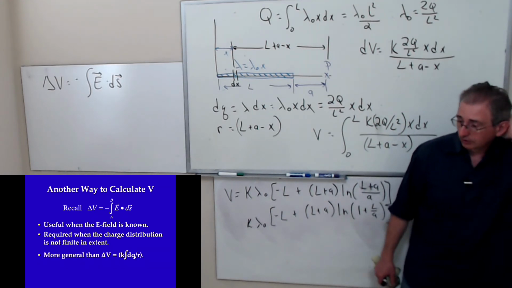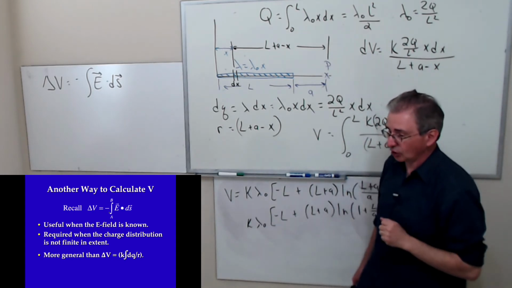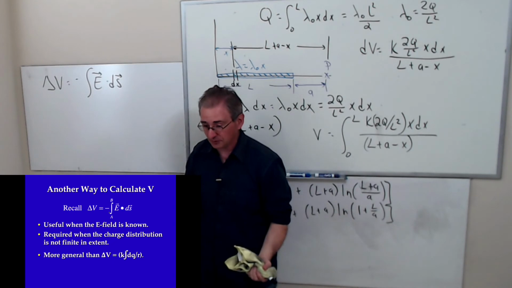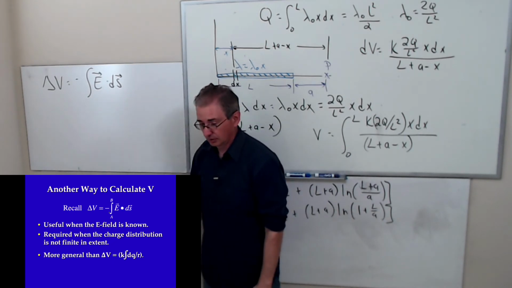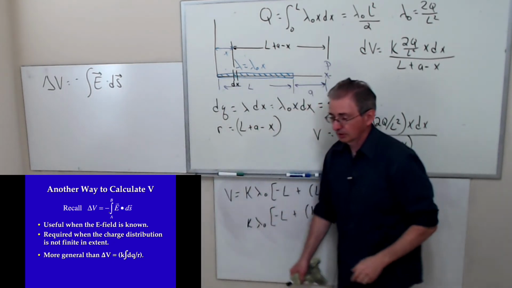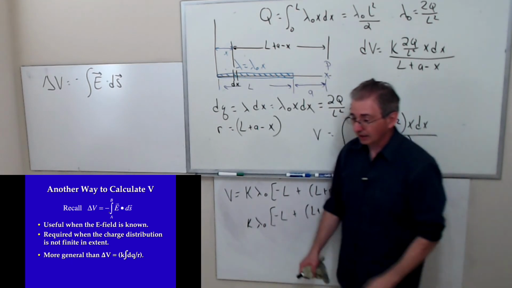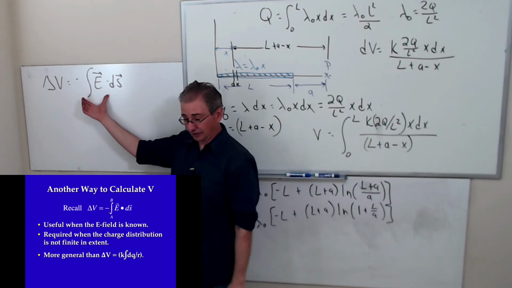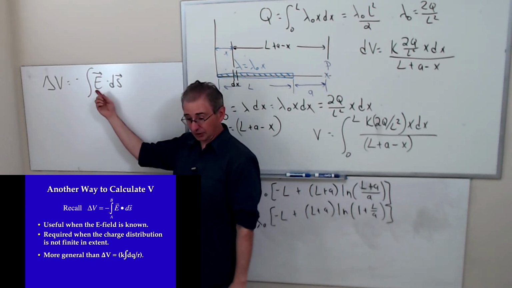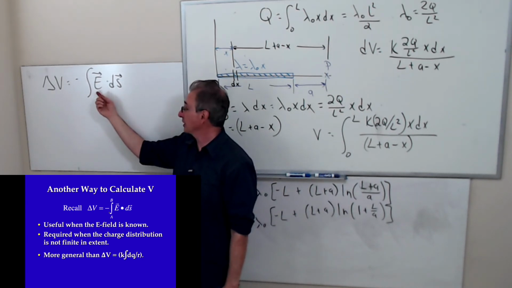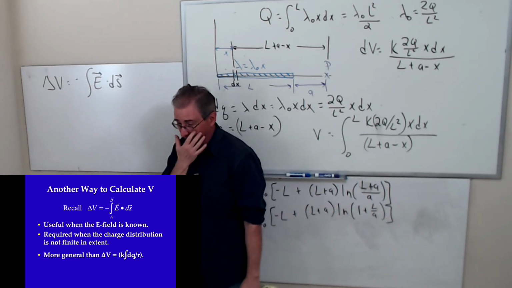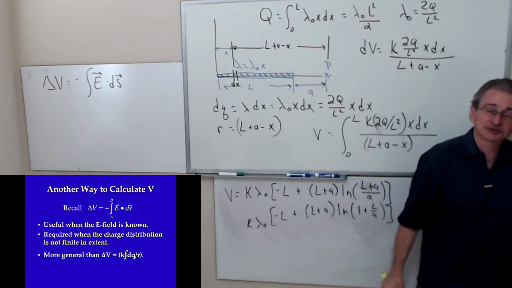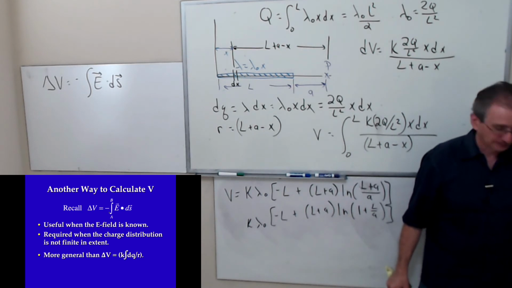It is more general than our delta V equals K dQ over R, because guess where delta V equals K dQ over R comes from? It came from the electric field of a point charge, by integrating the electric field. I put the equation for the electric field of the point charge in here and integrated to get the expression you see in the slide. Then we said, let's let V equal 0 at infinity.